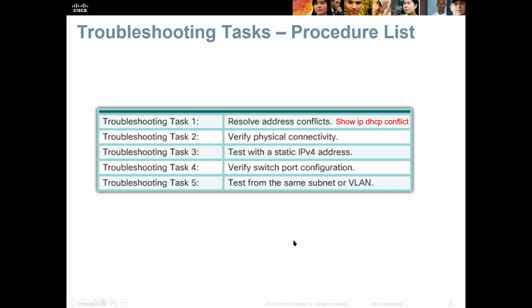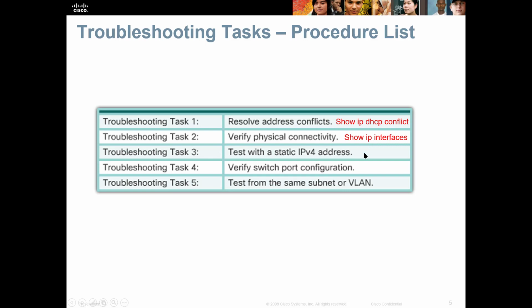Then you want to verify the physical connectivity, right? You want to use the command show IP interfaces. So notice how this starts. This starts soft. Just look for address conflicts. Then it says, take a look at physical connectivity. Show that the interfaces are there.